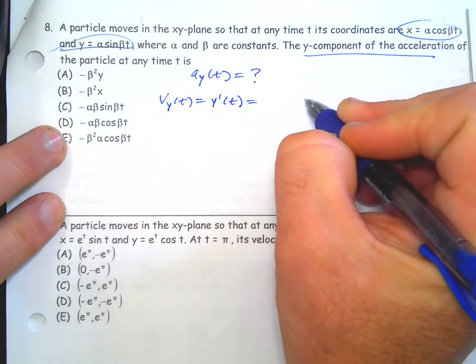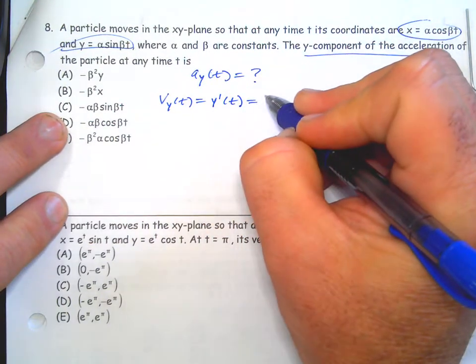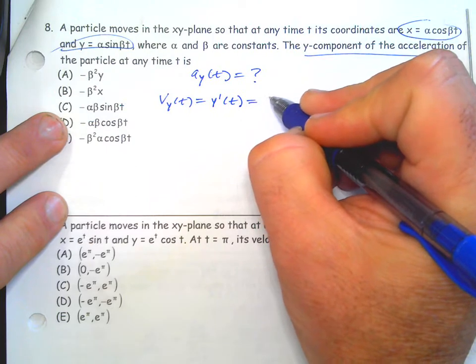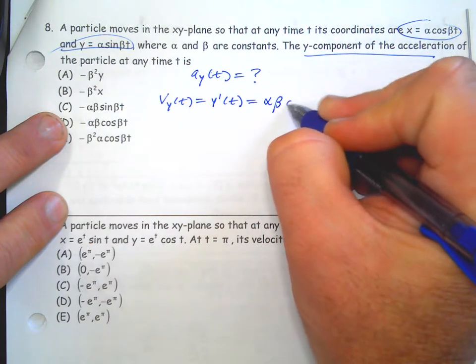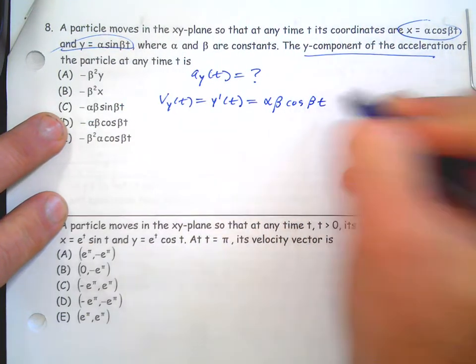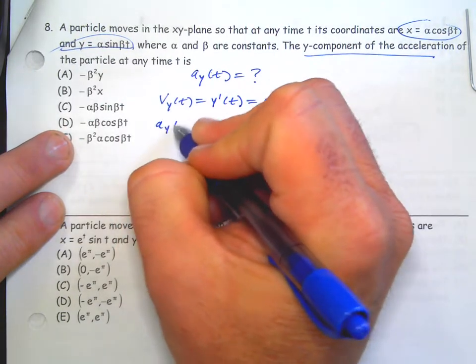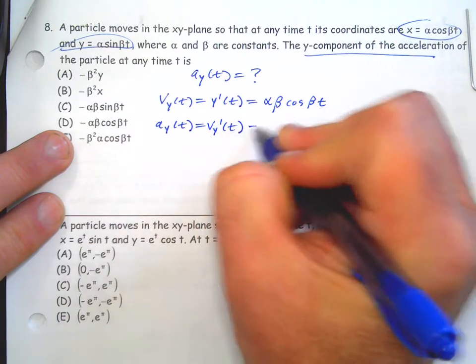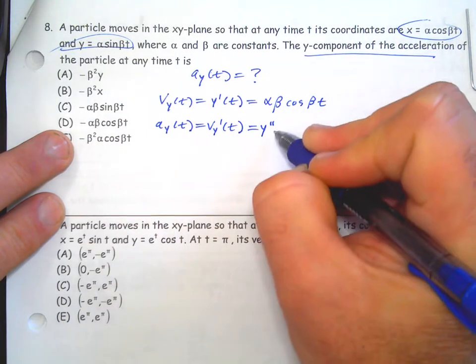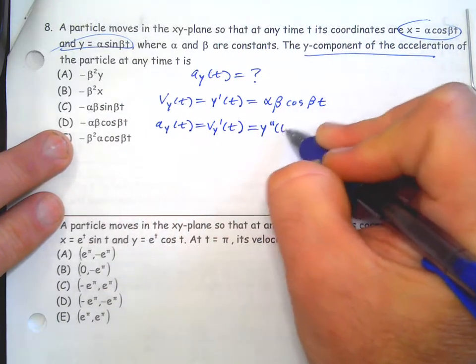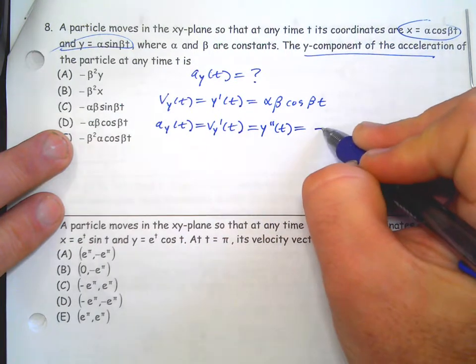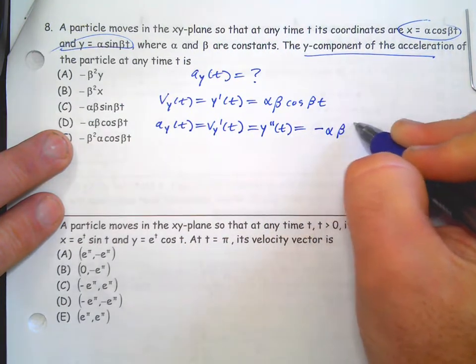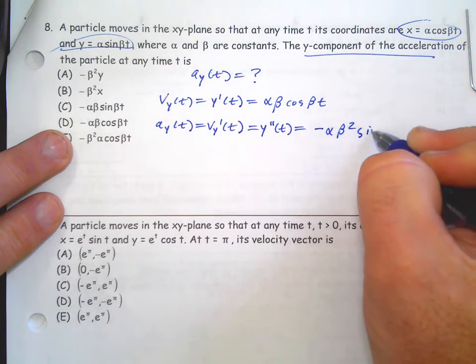That's going to be alpha beta cosine beta t. And the acceleration is going to be the derivative of velocity in the y direction, the second derivative of y position. That's going to be negative alpha beta squared sine beta t.